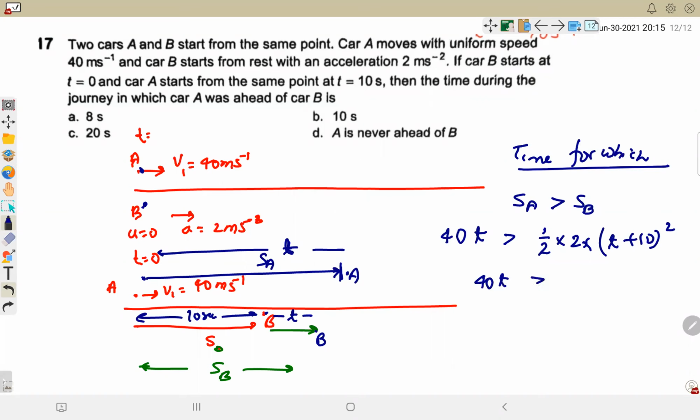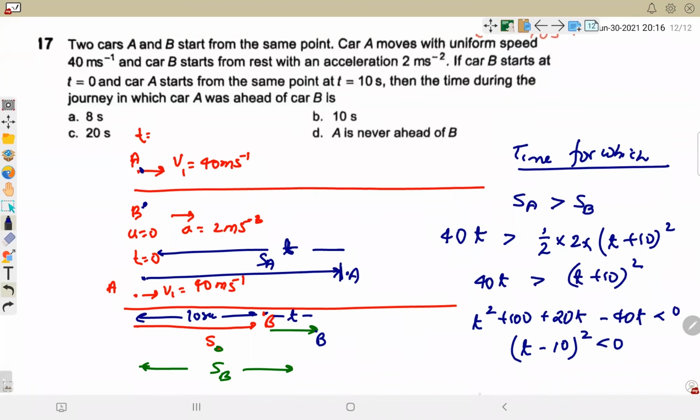40t should be greater than (t plus 10) square. t square plus 100 plus 20t minus 40t should be less than 0. I think this becomes (t minus 10) whole square should be less than 0.